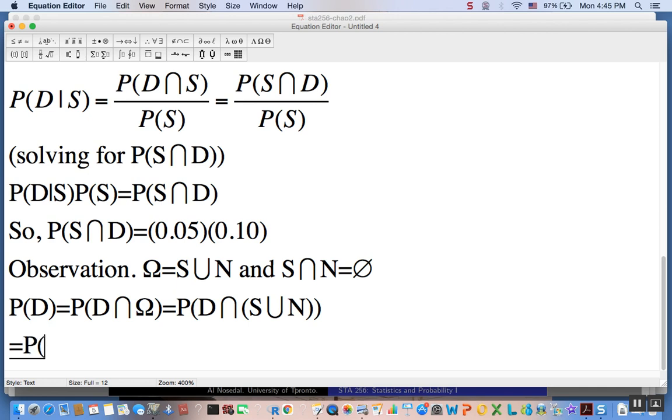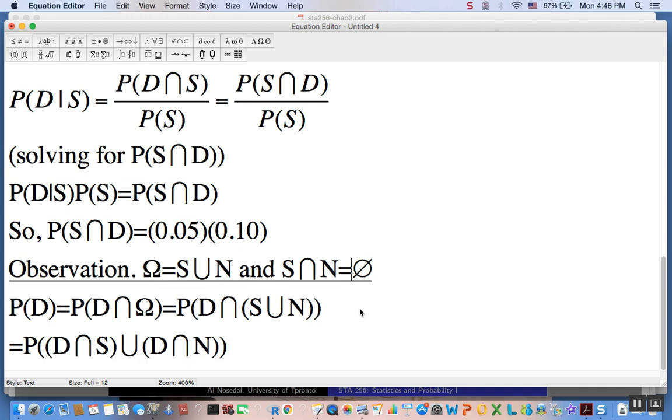What we have is the probability of the intersection with S, and then union, the intersection with N. Okay, makes sense. Distributive properties.